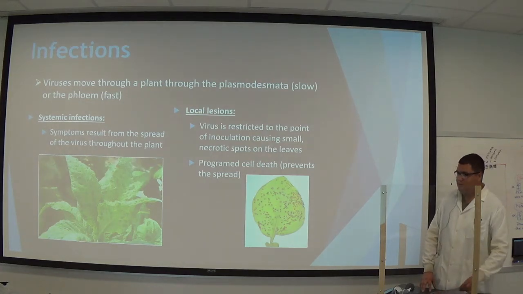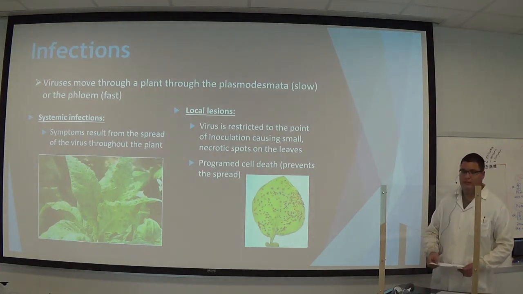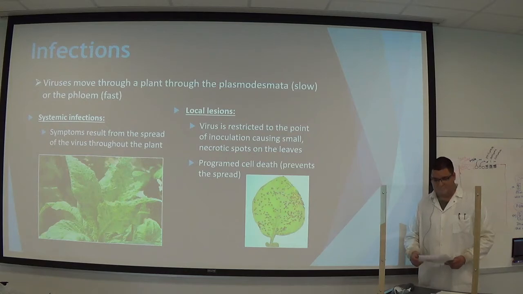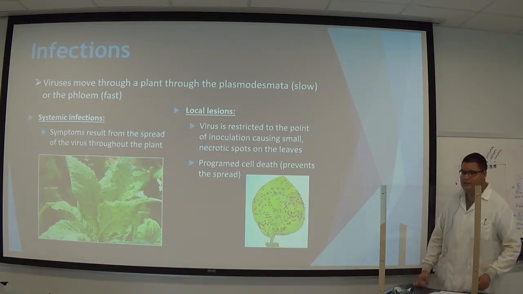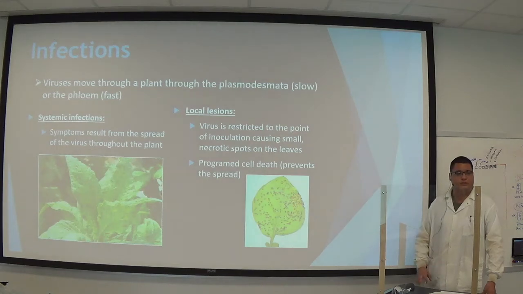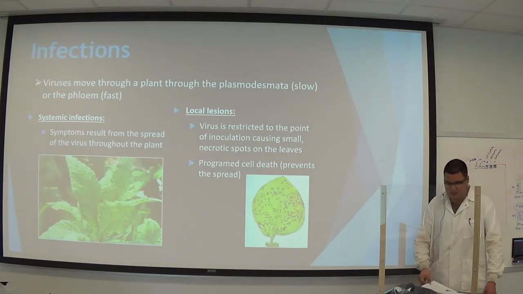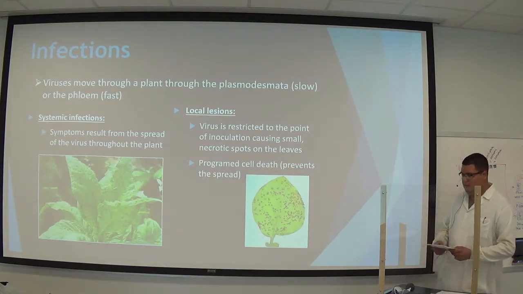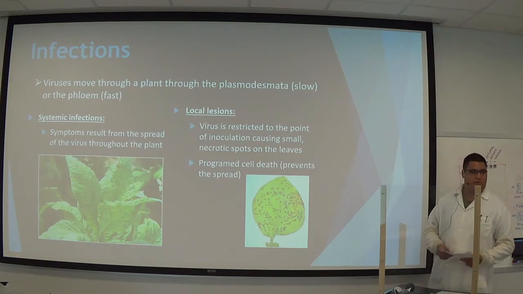Now with infections, after a virus enters the plant, why do we start getting all these symptoms of infection? Well, first the virus has to move throughout the plant so that it can spread and continue to use the resources of the plant to reproduce. So the viruses move throughout the plant, initially through the plasmodesmata, which, do you guys remember what a plasmodesmata is?